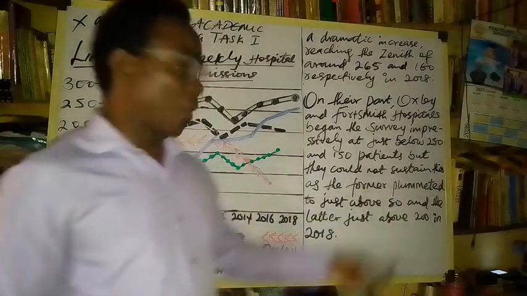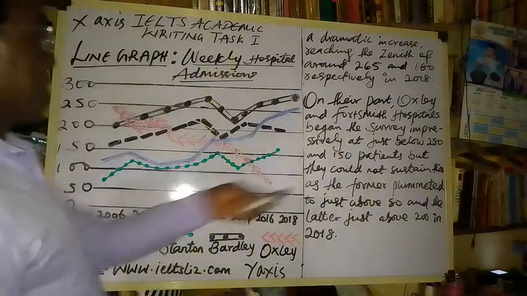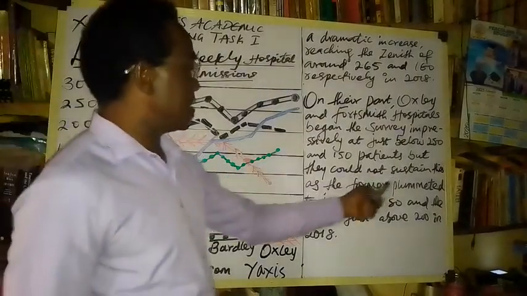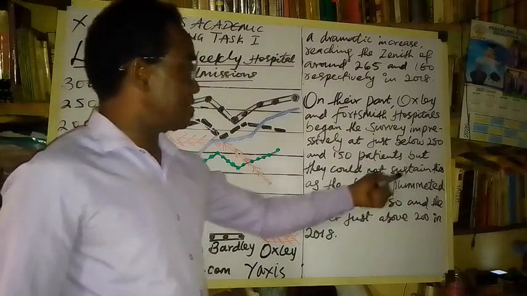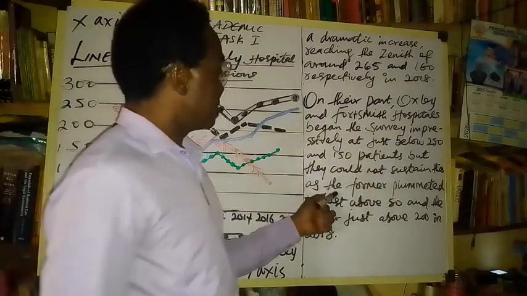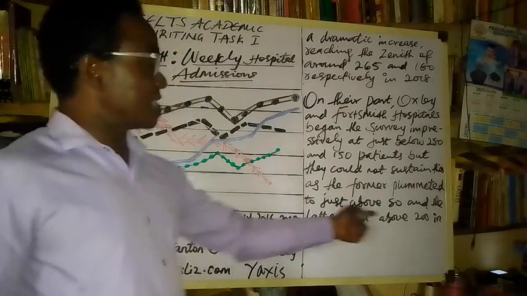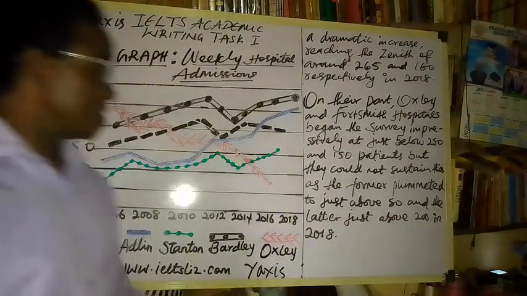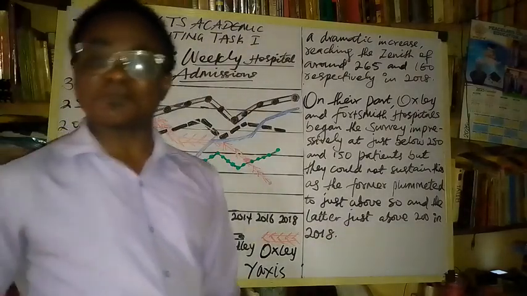As the former plummeted, the former is Oxley Hospital, plummeted to where? Plummeted to just below 150 patients, and the latter, Forsyth, just above 50 in 2018.